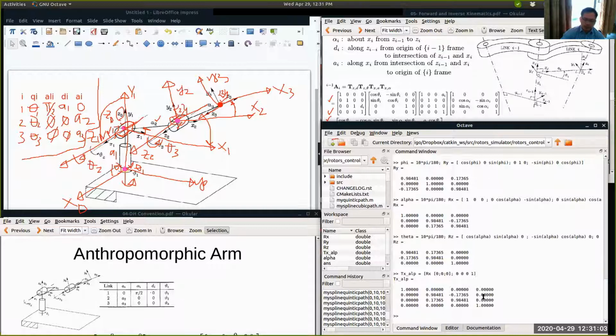I think I need to create functions here so that I can easily compute. By the way, the way I'm doing it is a lot of work.